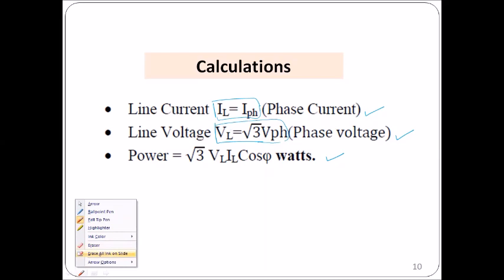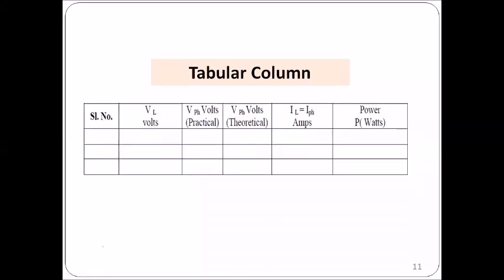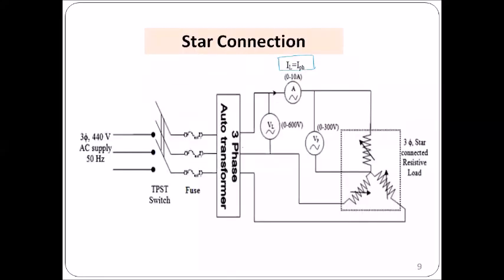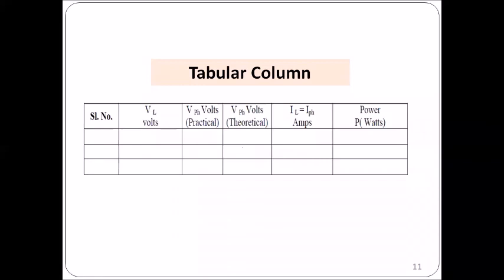Now for delta connection, once the experiment setup is ready as per the given circuit diagram, we have to note down the readings, that is practical values. And here also we have to note down the practical values, and we have to calculate these things, which I shall just explain at the end of this video.